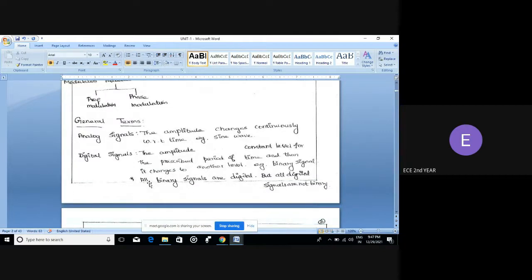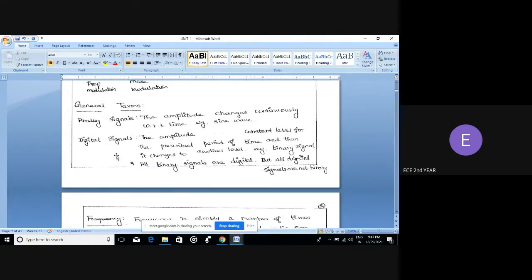Here we will see some general terms. What is an analog signal and what is a digital signal? In an analog signal, the amplitude changes with respect to time continuously. An example is a sine wave, whereas in a digital signal, we will not have continuous changes in amplitude with respect to time.